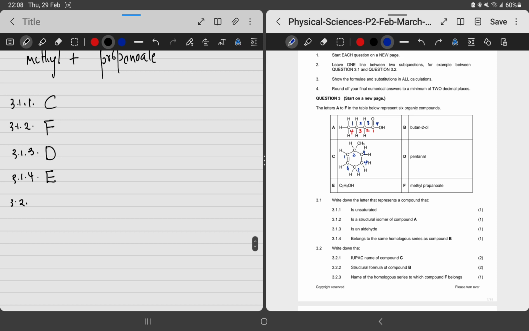If you want the explanation, rewind the video. 2-methyl cyclohexene. 3.2.2, structural formula of compound B. We already have that, so it's 1, 2, 3, 4, and then on carbon number 2 I have an OH group.